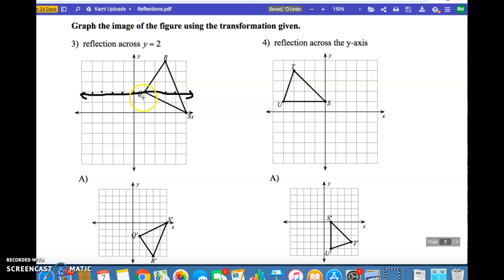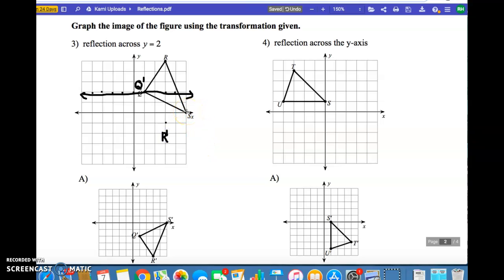One of the cool things is Q, which is on that reflection line, stays there. Q prime is at the same point. R prime is going to be 1, 2, 3 distance units from there, so I go 1, 2, 3 units. It's right there. This is going to be my R prime.